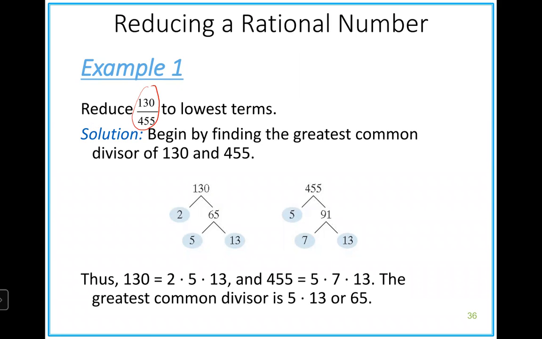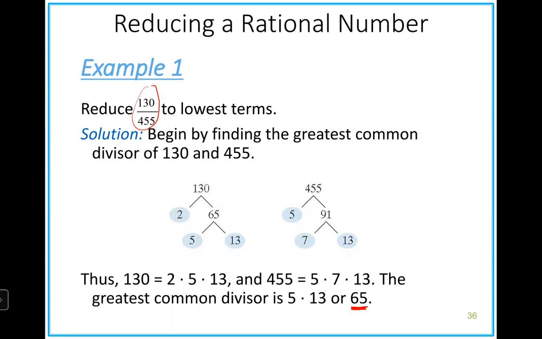So in this case, it is 65. They work it out to 65. So if you divide 130 by 65, you get 2. And you could divide 455 by 65, and I think you get 7. So that works out to 2/7.